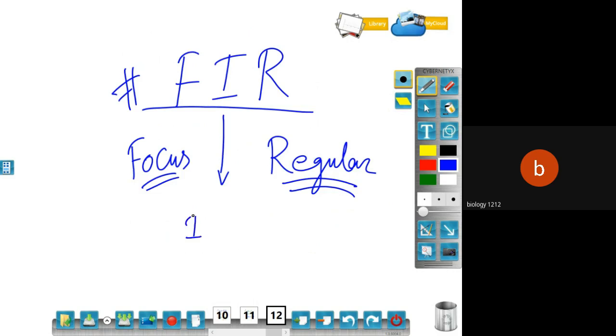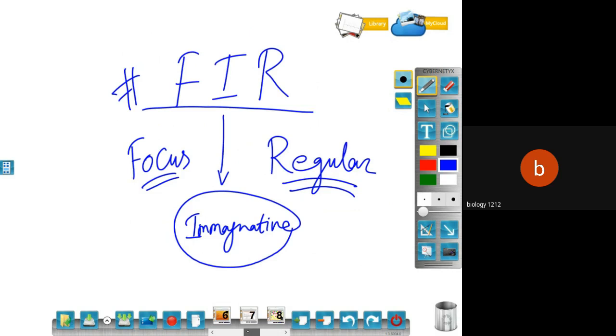Imaginative. Be imaginative, be confident, be imaginative of yourself. Focus, regular, and imaginative. That makes your FIR to have a successful selection over the core and extended.